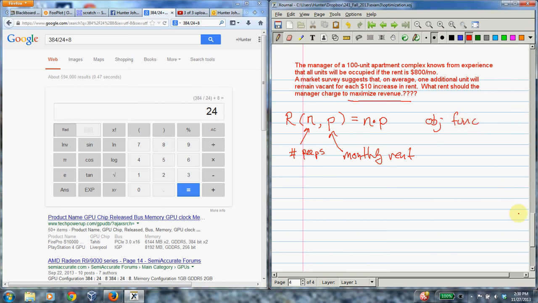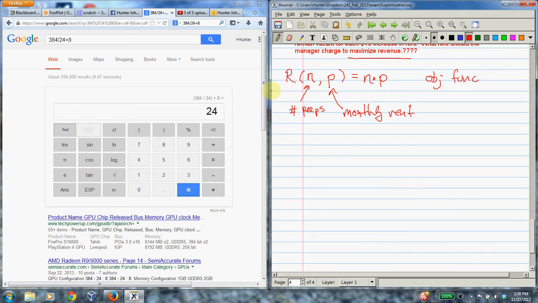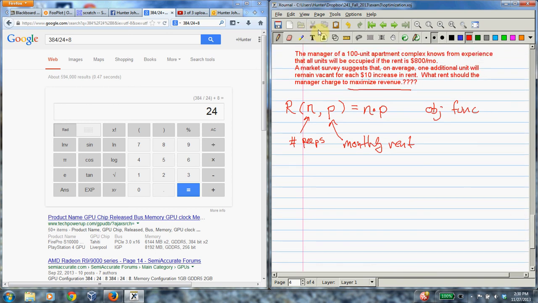And now let's think about what the constraint equation should be. So this constraint equation is relatively complicated here. It says that one additional unit will remain vacant for each $10 increase in rent. That means that the number of people that live in the building depends on the rent. And what is it?